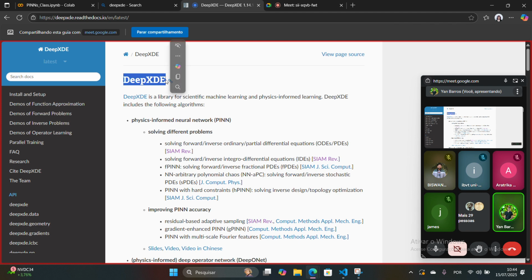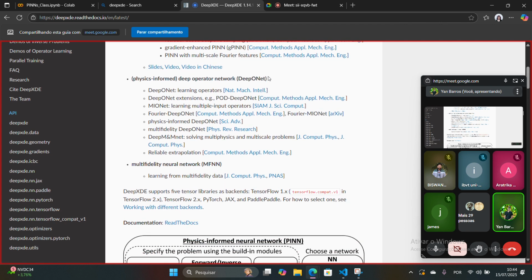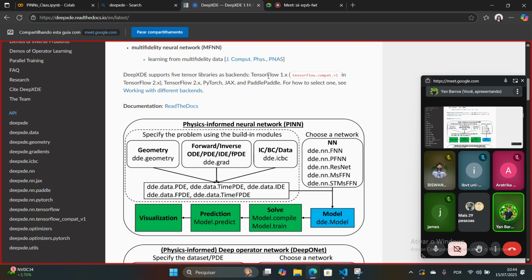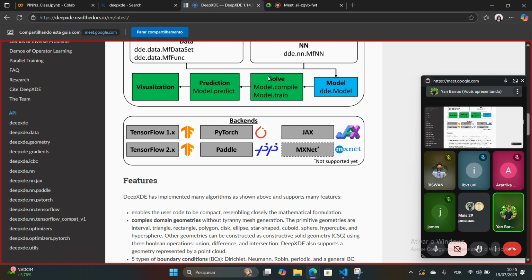DeepXDE is a framework that people use a lot for solving physics-informed neural networks. They have some included concepts inside of this, so you can set the backend that you will use for training the neural network. You can use JAX, PyTorch, TensorFlow, and also Paddle. One of the best things inside of this framework is that you can add and set your geometry.